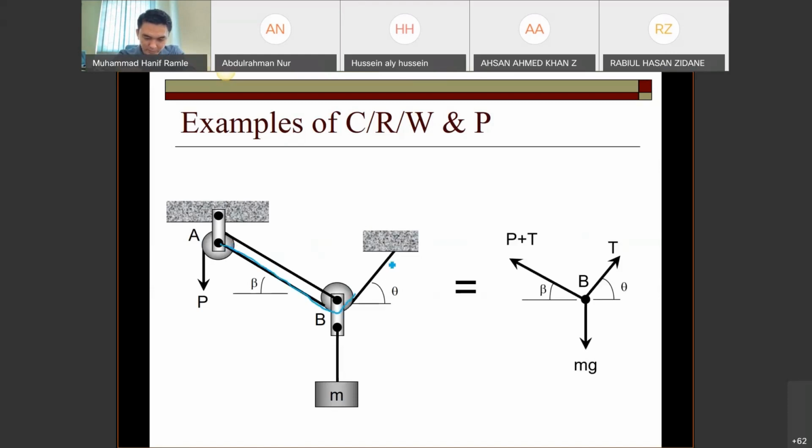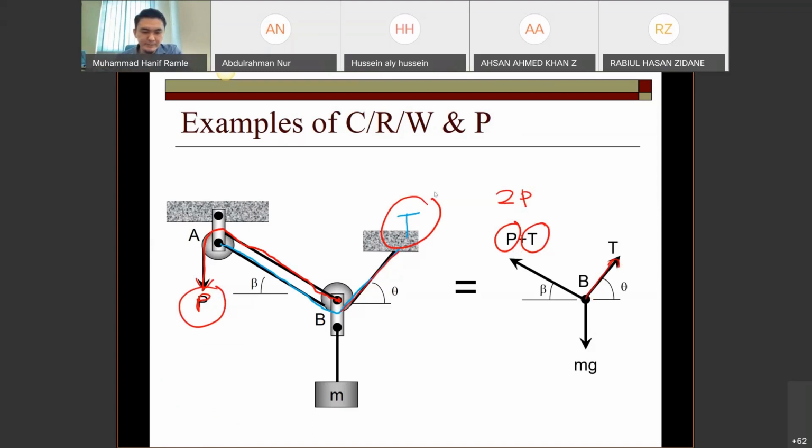This is the first cable, we denote it T, for example. And the second cable is this one, from this point to this point, P. That's why we have P and T here. Why can we not put 2P? Because maybe P and T are not the same value, so you have to put P plus T. And then of course this one T.